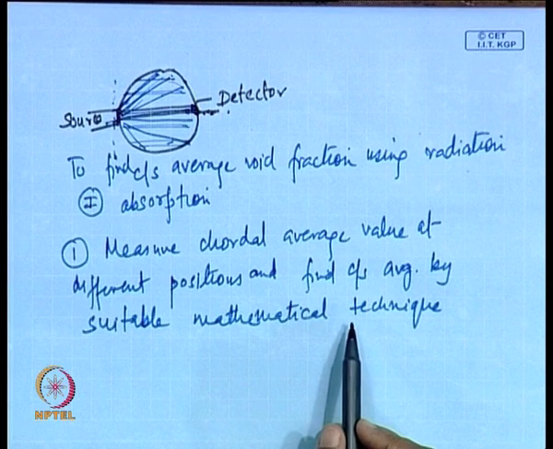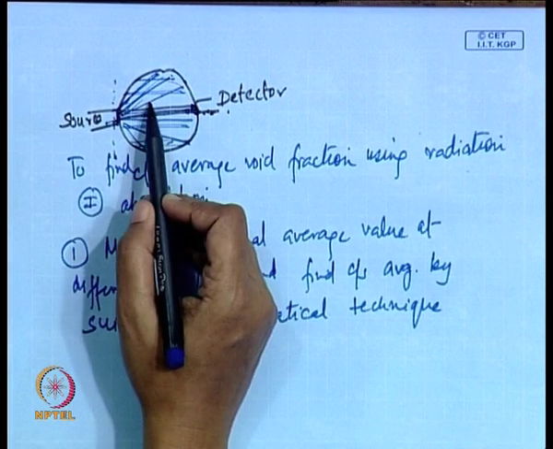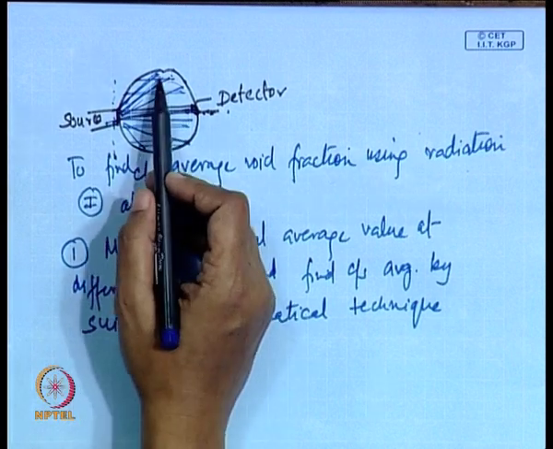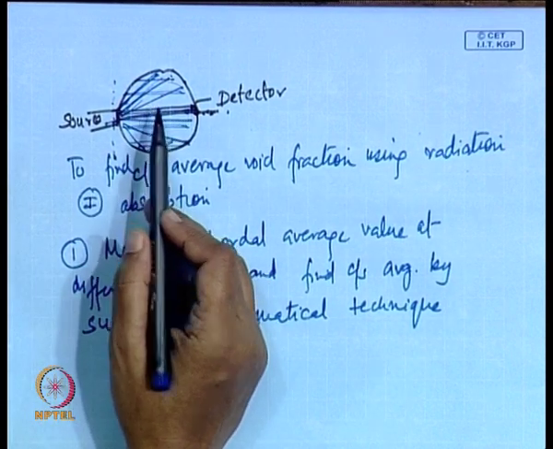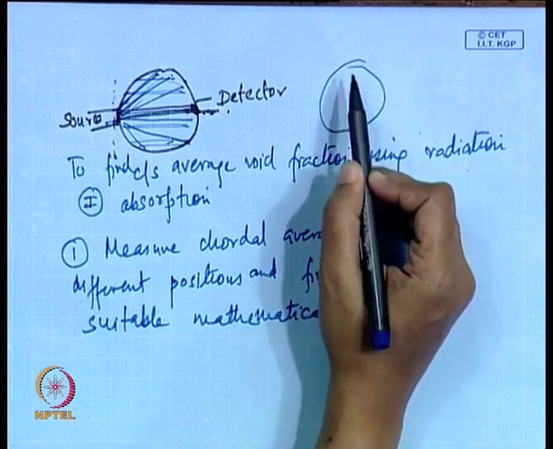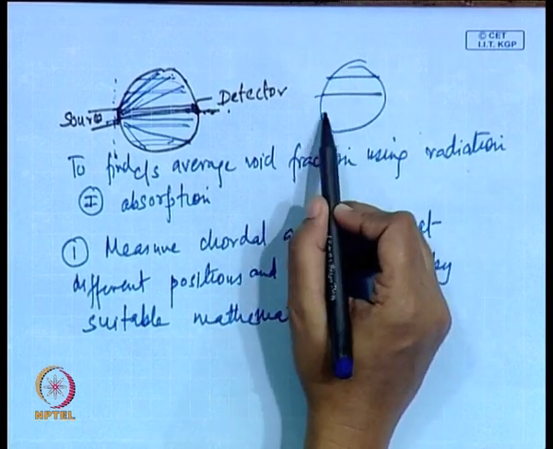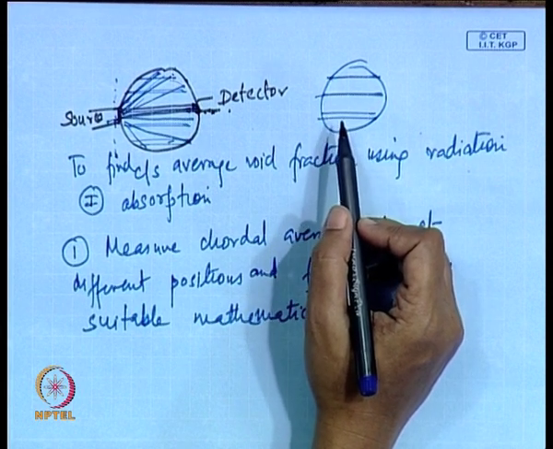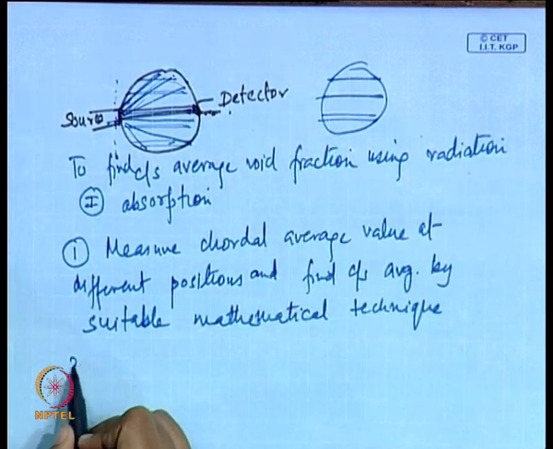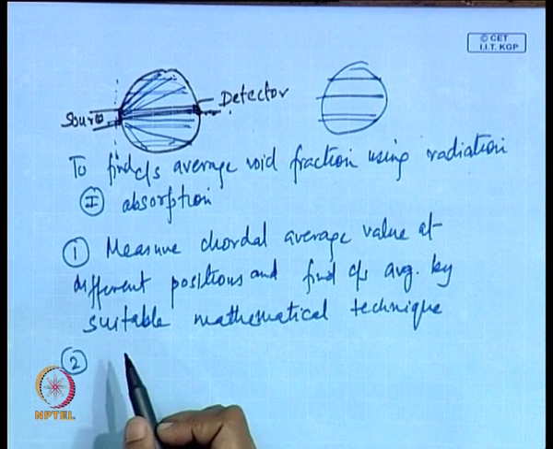For transient cases, what do you need? You need a large number of beams at the same time illuminating this particular cross section, isn't it? If we have a large number of very narrow beams, then we can get a transient value.